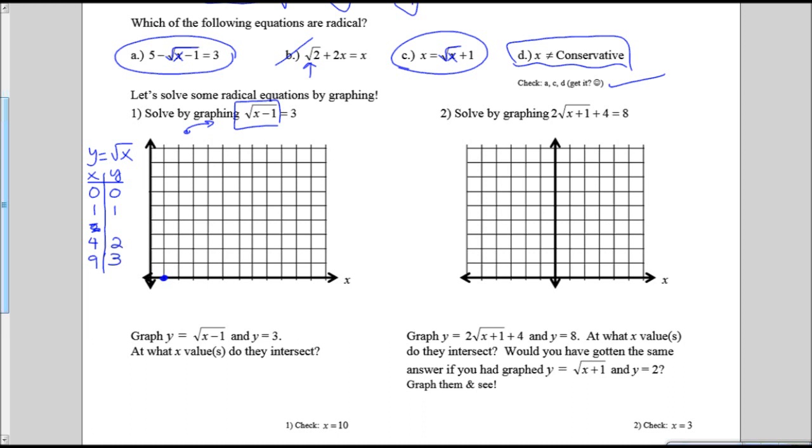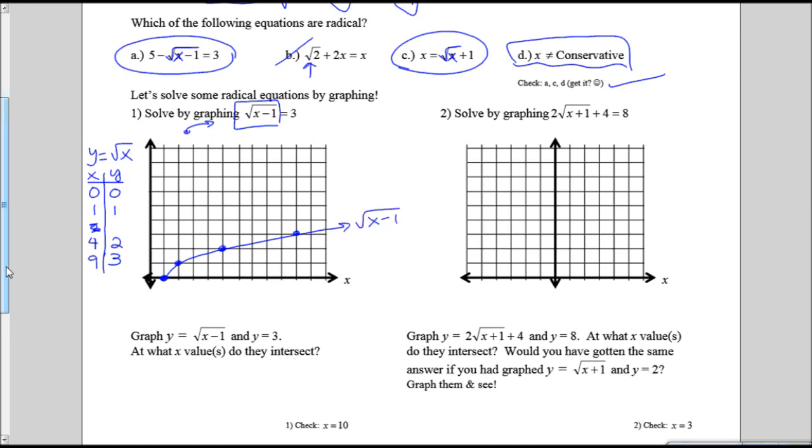So from my anchor point, 1 to the right, I'm going to go over 1, up 1. I'm going to go over 4, up 2. And I'm going to go over 9, up 3. So here is the square root of x minus 1.